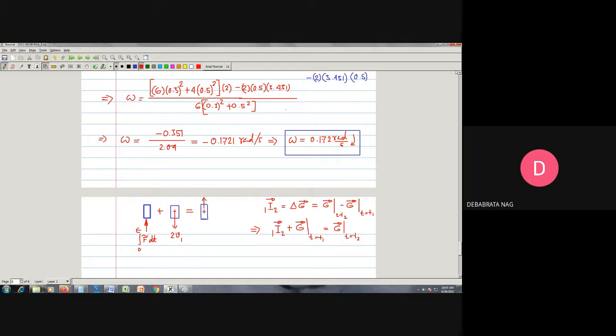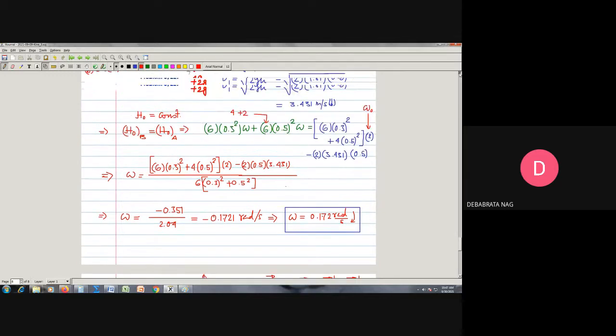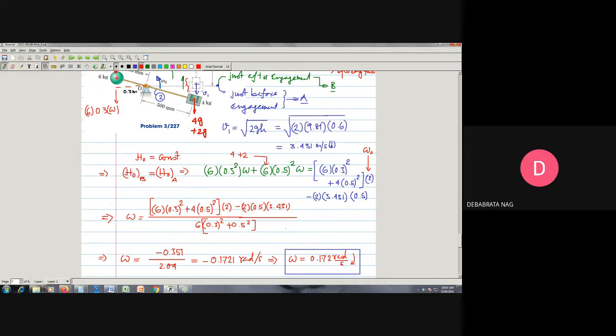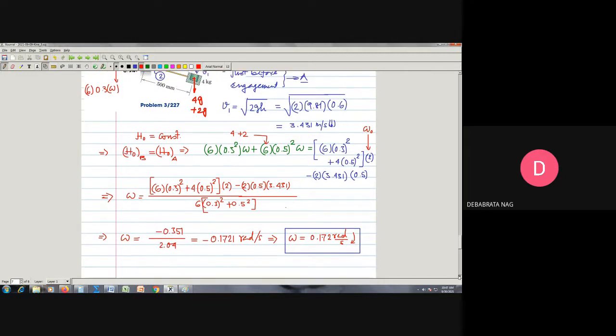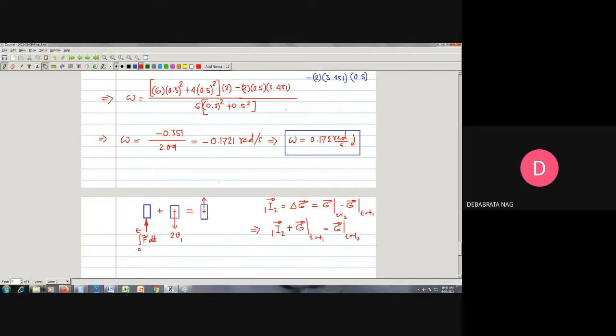How much will be the velocity? This arm length from here to here was 0.5 meter. So we can write this as 2 into 0.5 into omega. That means basically it is equal to omega.